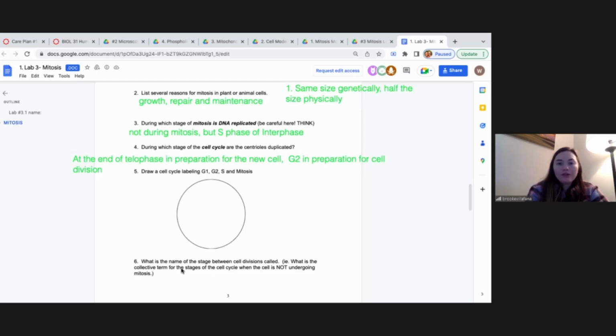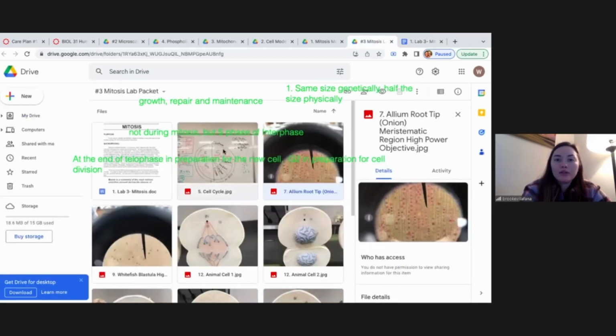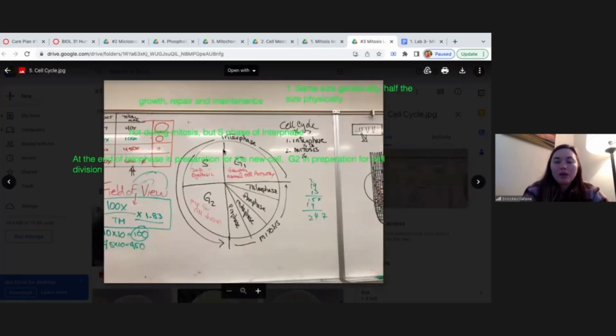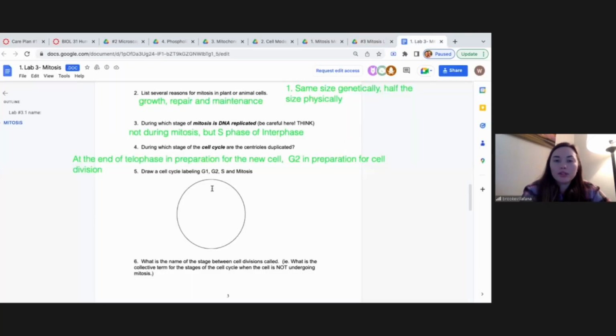Okay, so for number 5, draw a cell cycle using G1, G2, S, and mitosis. You are going to use this picture right here. We're actually just going to copy that picture right into this box.